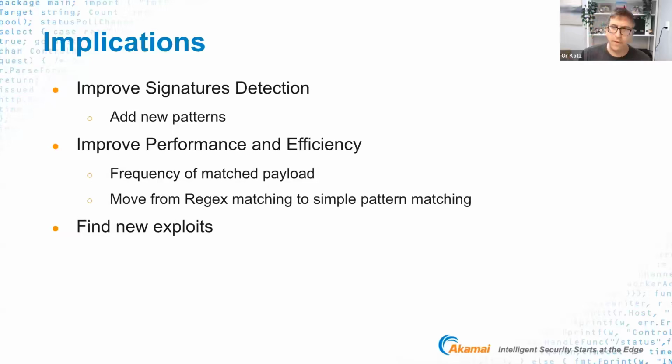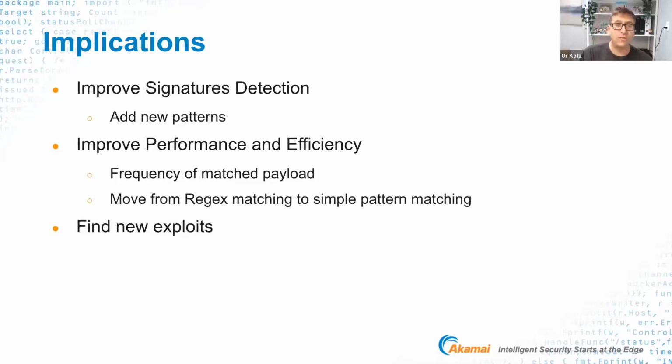Now, if a given keyword appears in high frequency, as I mentioned before, maybe it should be matched before others. Depending on the implementation of our signature engine, that might affect our performance when matching those signatures. So that's the first case.